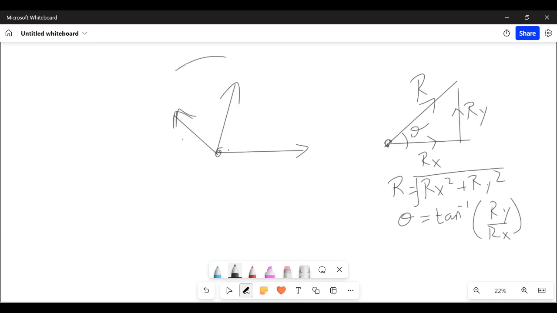Rx is found through here and Ry is found through here. You need the components in the X direction and Y direction. Rx is the forward component in the X direction minus the backward component in the X direction, and Ry is the forward component in the Y direction minus the backward component in the Y direction.